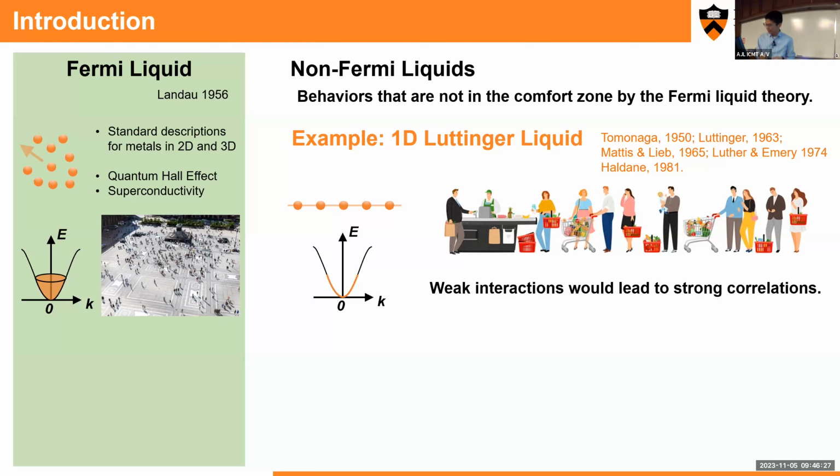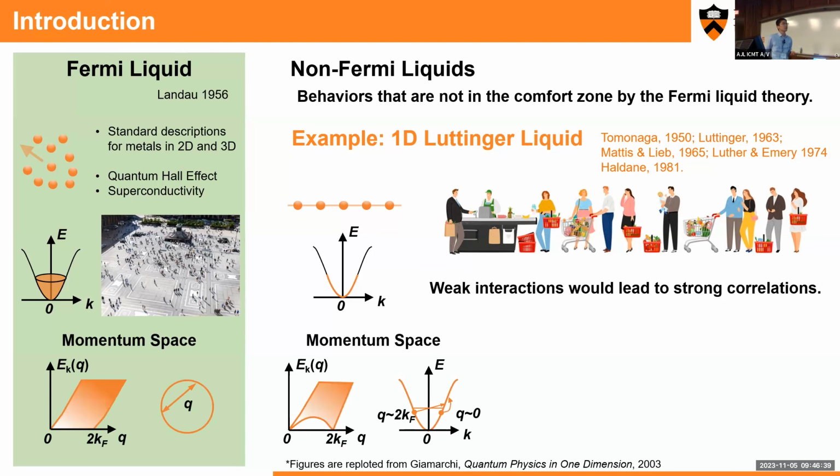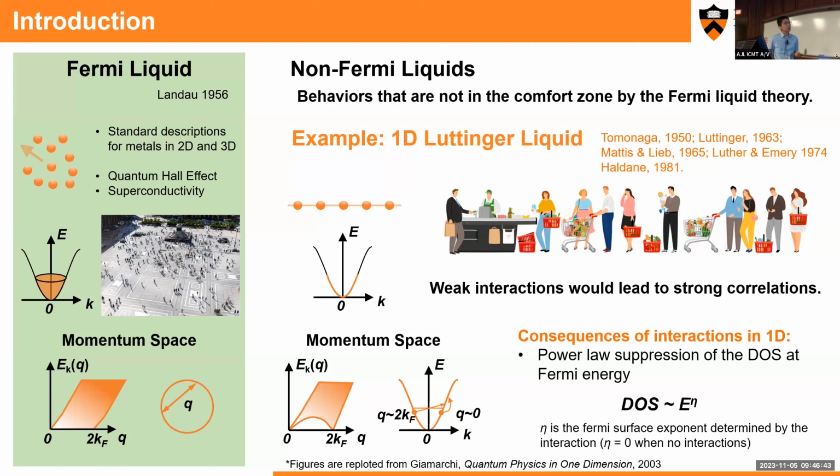So in this situation, even weak interaction in 1 dimension, unlike in 2 dimensions, can lead to strong correlations. They also show a very different spectrum in momentum space. As a consequence of such a 1-dimensional Luttinger liquid, the density of states will be a power law in the energy.